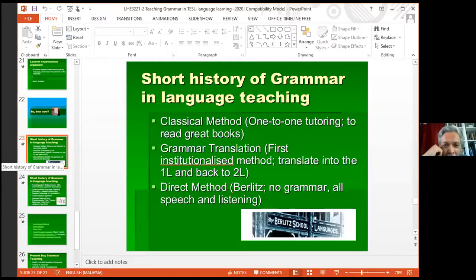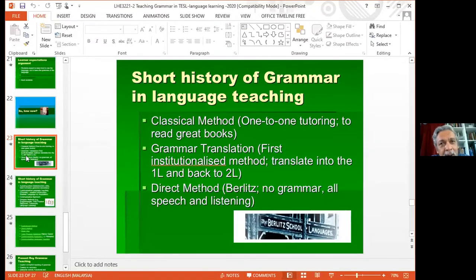Basically, the classical method is to read the major books or the major writings of important thinkers and philosophers. Insofar as grammar is concerned, if the purpose is to read and understand, then grammar will just help do that.